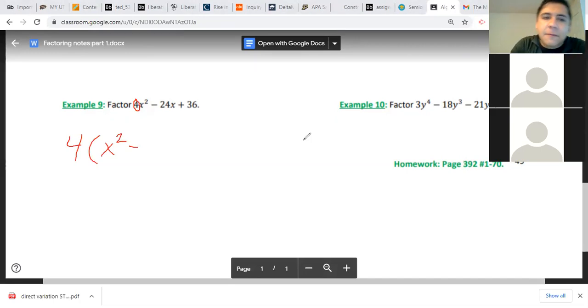I guess it's the same thing as saying the 24 divided by 4. What we're doing is factoring out the 4 before anything. So you see that 4 that's in the front of x squared? We're factoring that out of this trinomial right here. So wouldn't it be 6?